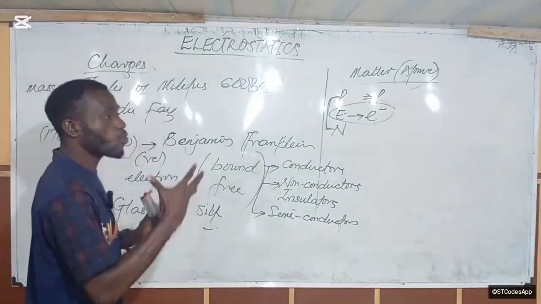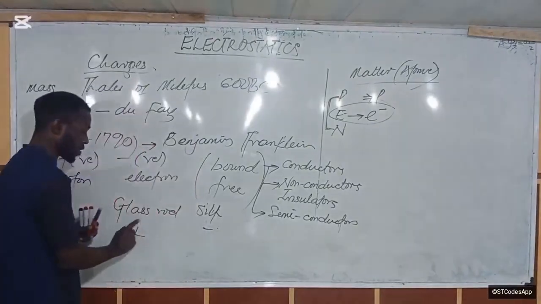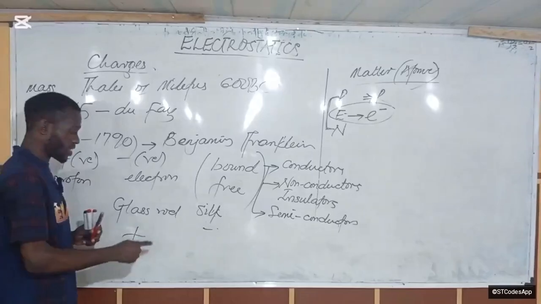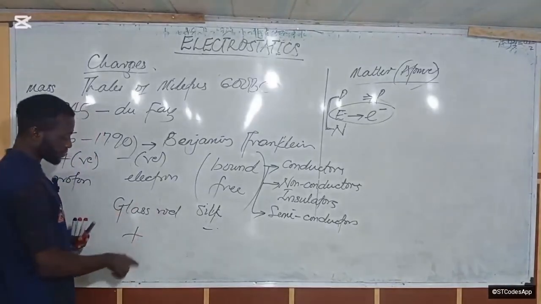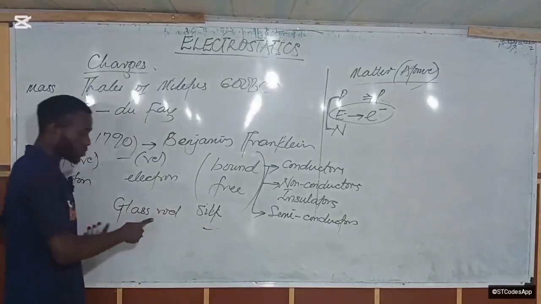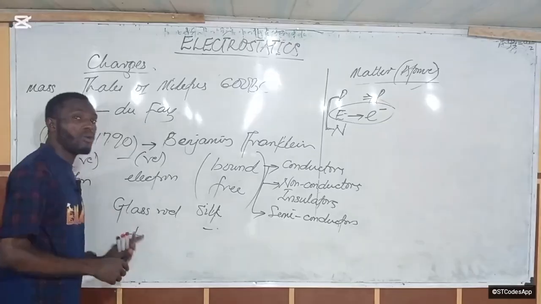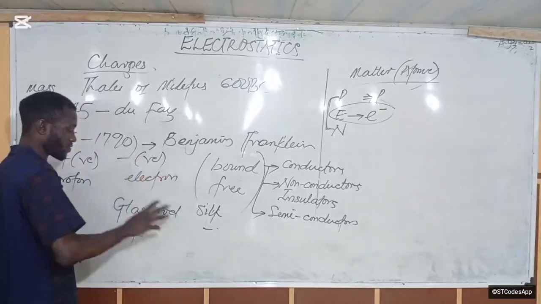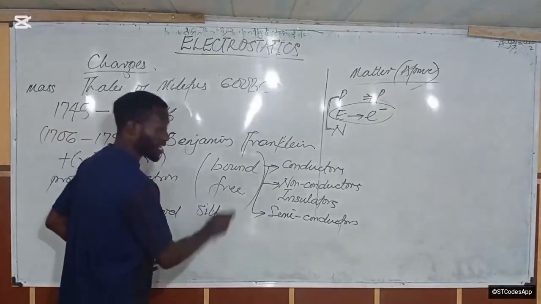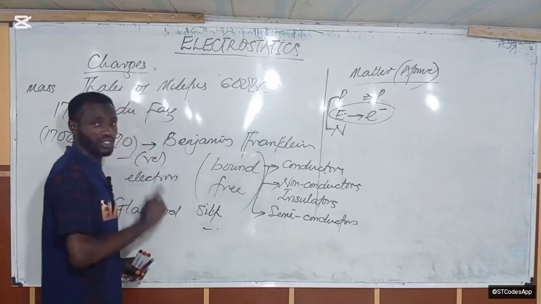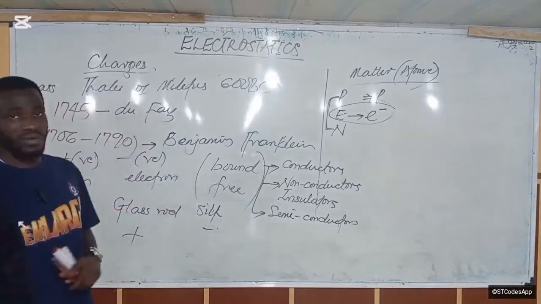The silk will grab some of the free electrons, the excess electrons that were available on the glass rod, so that the glass rod will now have more positive charges than negative charges. Because of that, we say it has a net positive charge, and the silk is going to have a net negative charge. Okay, so that's the way it happens.